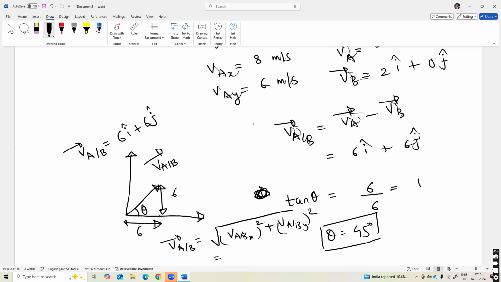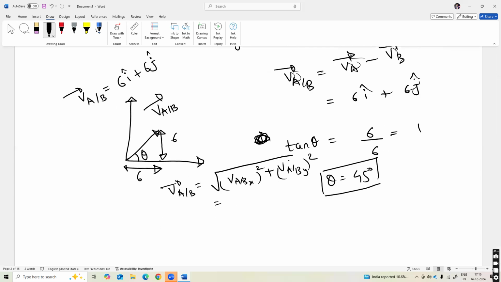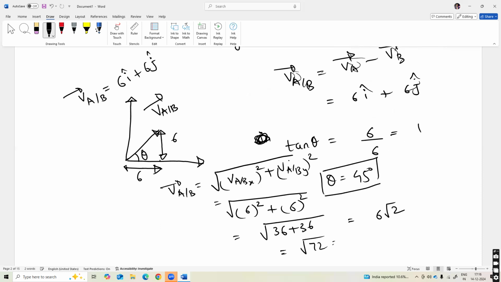So it will be the square root of 6 square plus 6 square, which is the square root of 36 plus 36, or 72. You can write 72 as 36 into 2, so the square root of 36 is 6, and root 2 remains as it is. So it is 6 root 2.